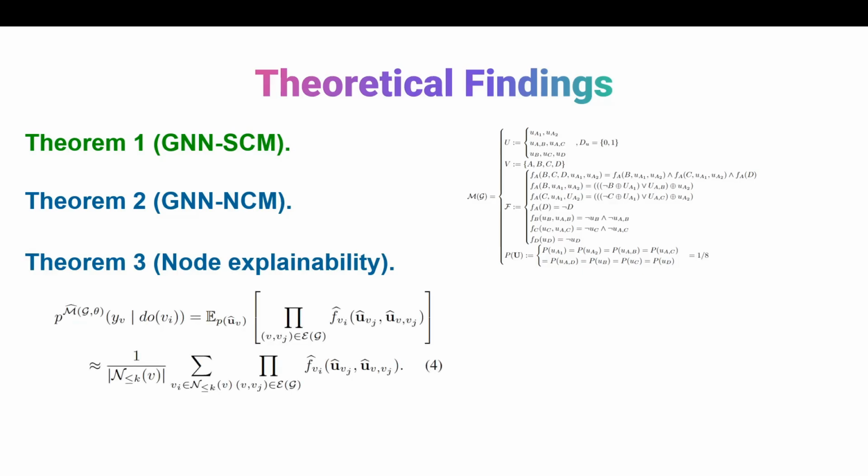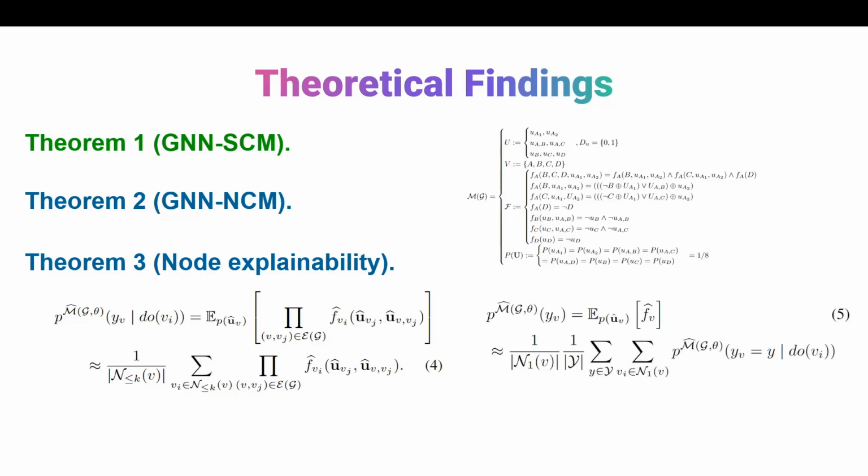The third theorem was on node explainability, which shows how we can calculate the probability of each node label change based on intervention in the real world. It would not be an exhaustive search, and it would not be exact, because we don't have the information for exact node labels. We come up with a way to calculate the probability over different sets of scenarios for different node labels, different sets of neighborhoods, and different causal structures.